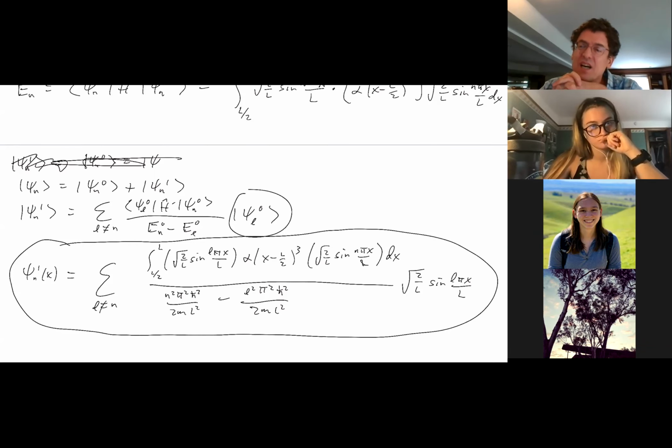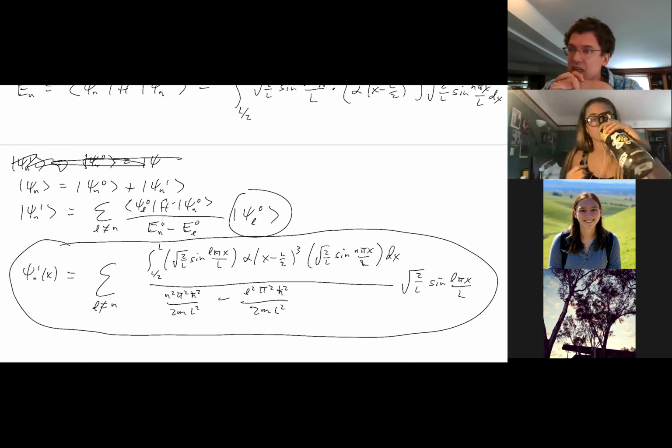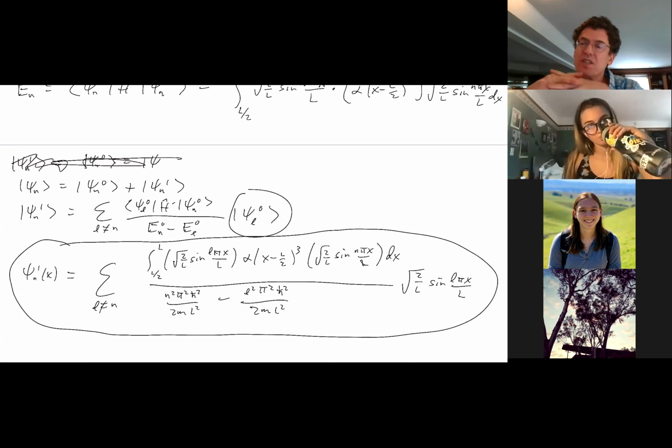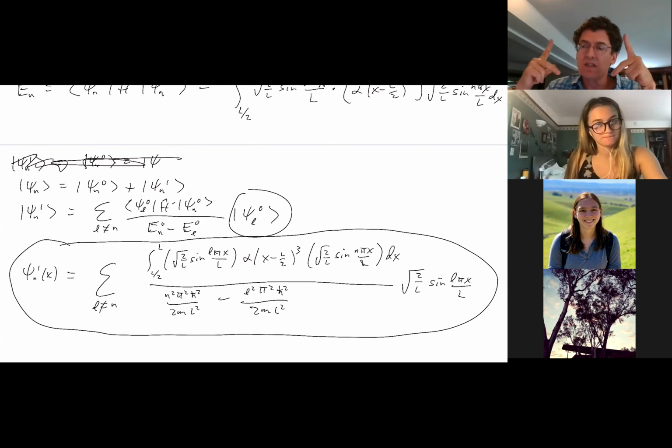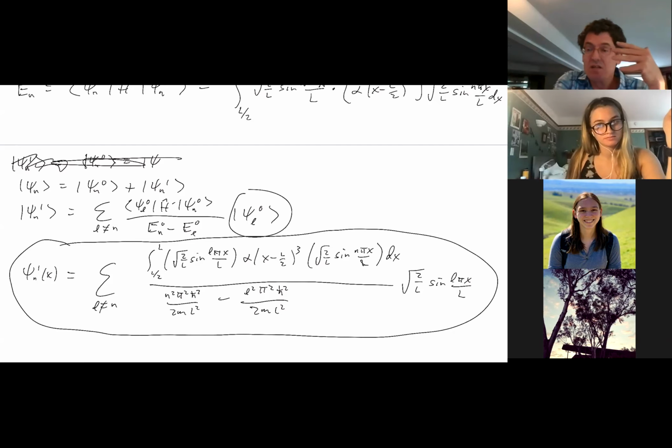You know, it's not always obvious exactly when it breaks down. A simple thing to do is to just calculate this first order correction to the eigenenergy and compare.